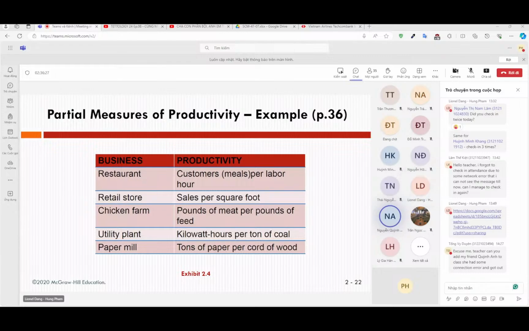Yes, it's the sales divided by the area of that store, so that we can compare the productivity store by store to see which store has the best productivity. Because some stores may have a very big area, but they don't deliver on the sales.